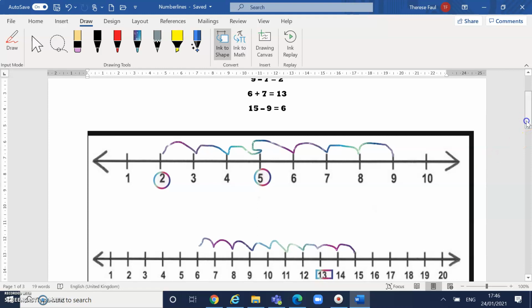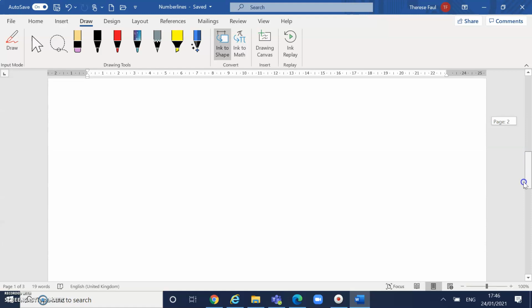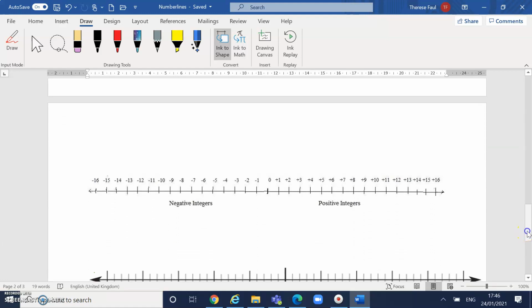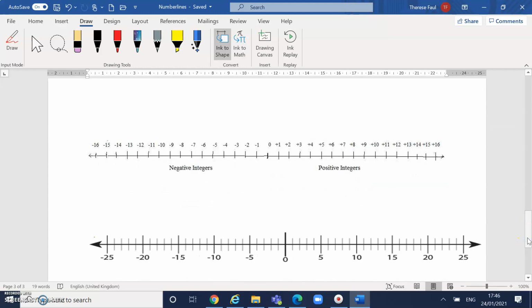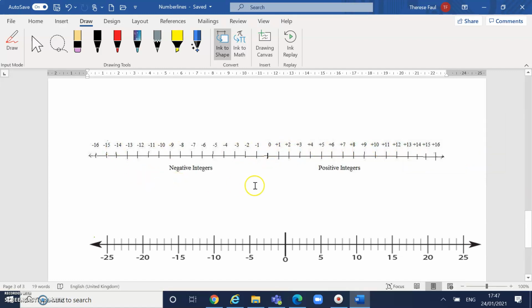Okay, so we're going to move on to our negative numbers. If I scroll down here, here we go with our integer number line. I know it's my integer number line because I've got my 0 here in the middle, and I have my positive numbers on the right hand side, and my negative numbers on the left hand side.